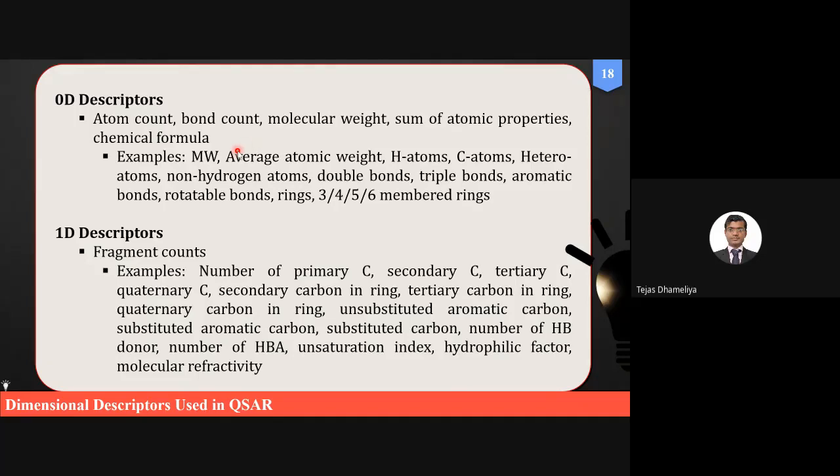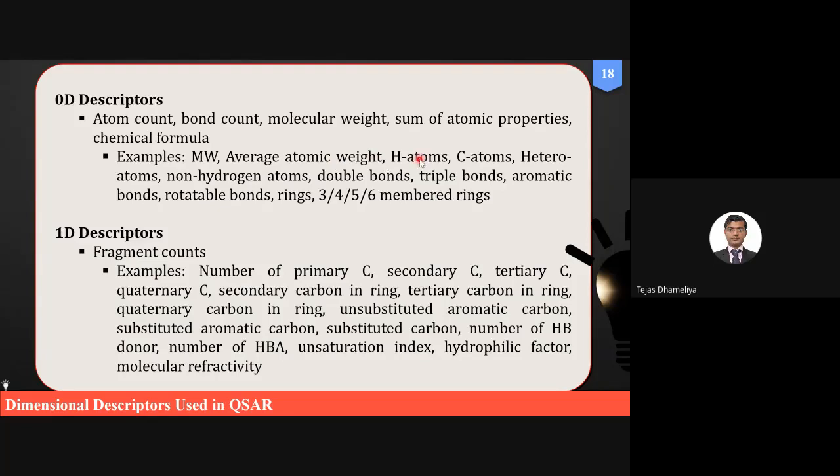They have been listed over here, such as molecular weight. If I say the molecular weight of benzene, it is around 78; water, 18; ammonia. All these are zero-dimensional descriptors. They fall under zero-dimensional descriptors.